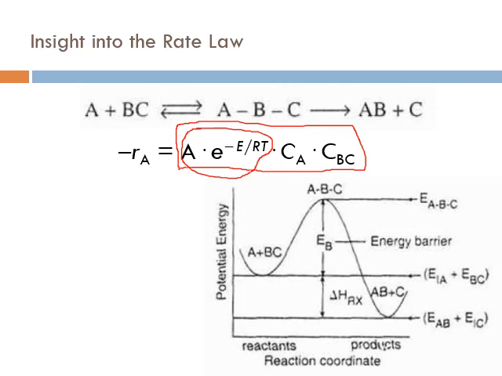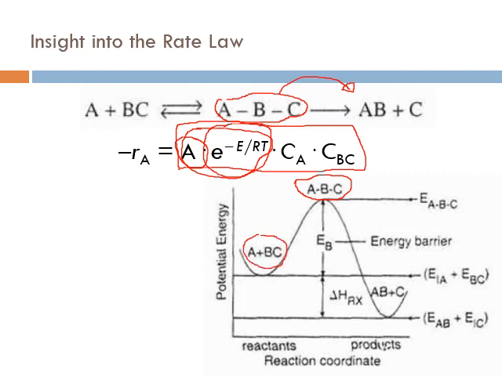So minus r_A equals the decay rate of the activated species to the product, and obviously it's a function of the lifetime of this activated species, times the probability of this activated species dissociating into the product rather than dissociating back into the reactants, multiplied by e to the power minus E over RT, which is the probability of finding the activated species, that probability of converting this into this.